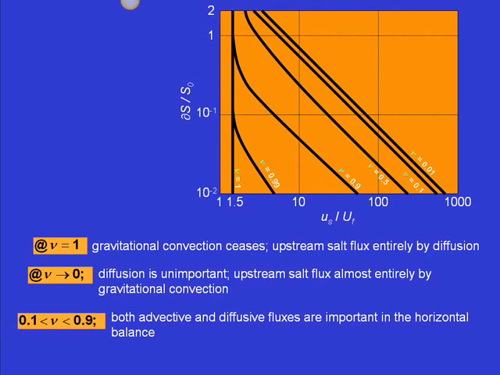These are the lines of diffusive salt flux as a function of the circulation parameter, where U sub S is the surface flow and U sub F is the cross-sectional average, and the stratification parameter. Remember, a circulation parameter of 100 or 1000 means what?